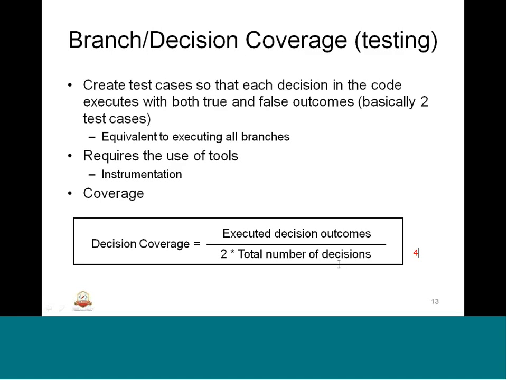If we have exercised 1 outcome for each of the 2 diamonds, it means 2 of 4 paths are covered, so the coverage is 50%. This also can be done with the help of a tool. Both are basically called the same, branch coverage or decision coverage. It's a technique similar to statement coverage. The idea with decision coverage is to execute every single decision in the code at least twice. It is not once. That you have to remember.